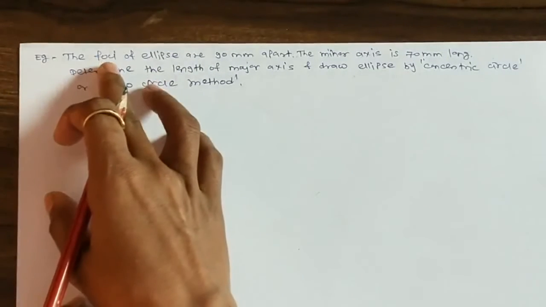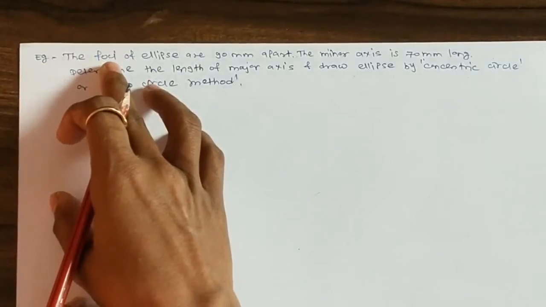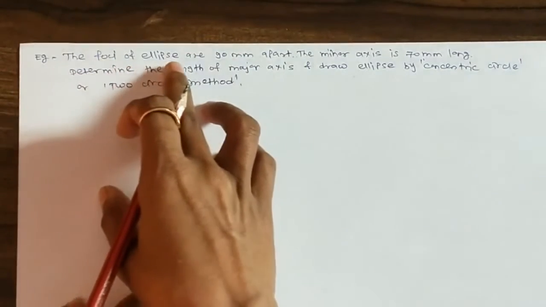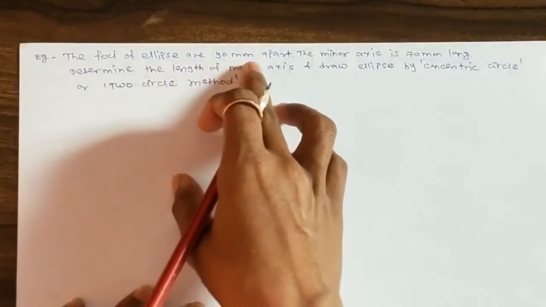First we have to draw the major axis, but given is the foci of the ellipse as 90 mm.